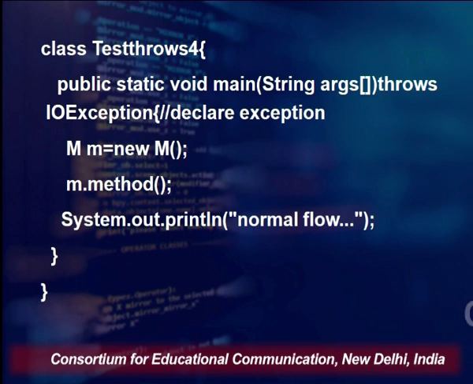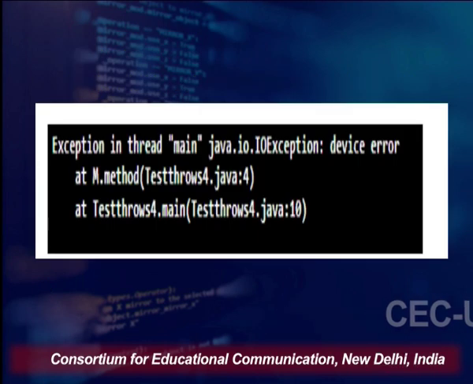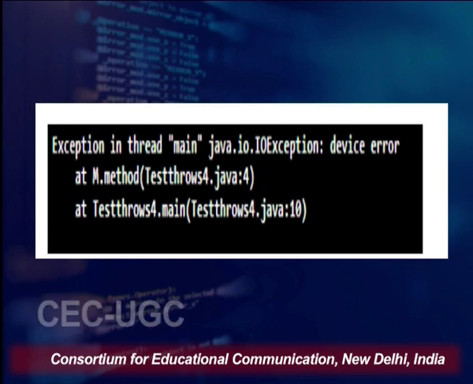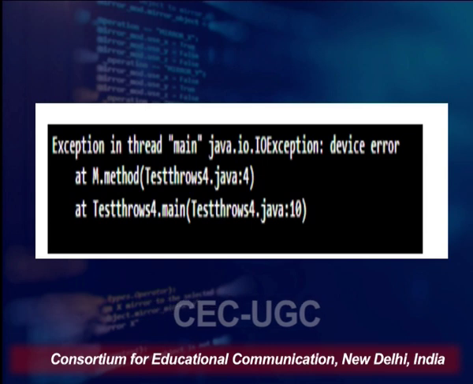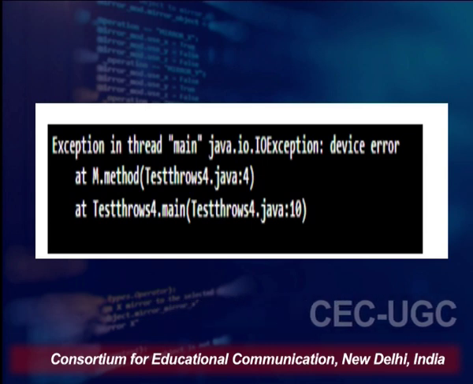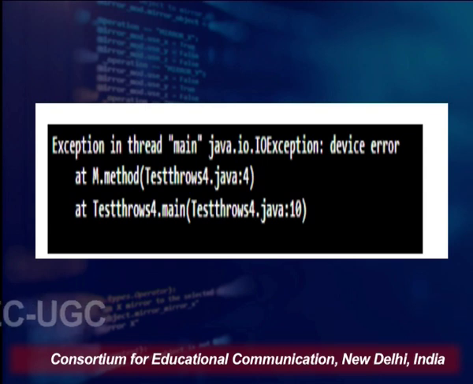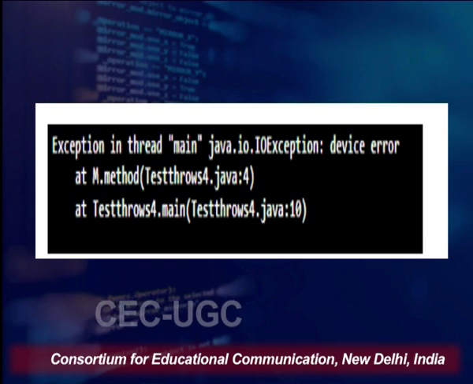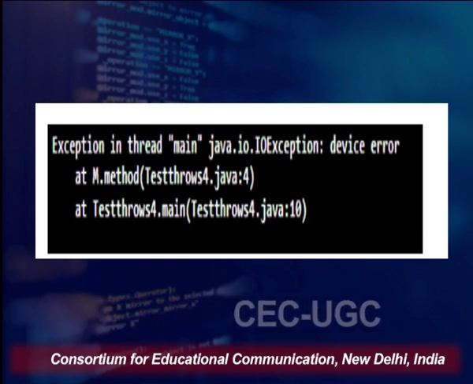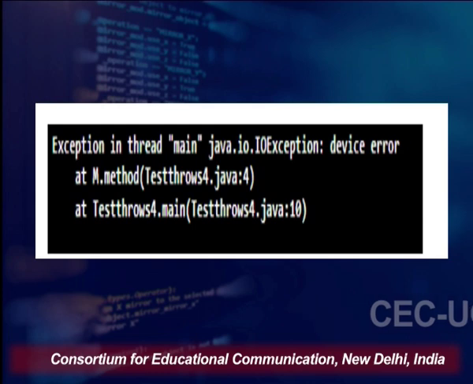So, what will happen if this exception is generated? It has to be handled by the system, and that is why we get "Exception in thread main java.io.IOException: device error", which is the handling mechanism given by the system itself.